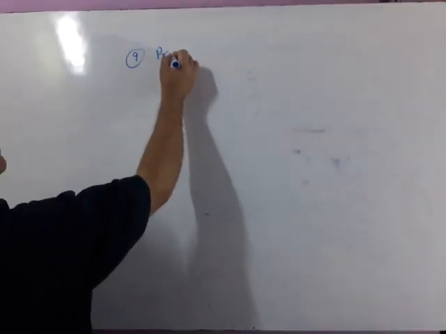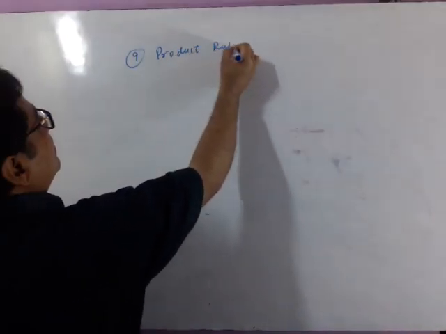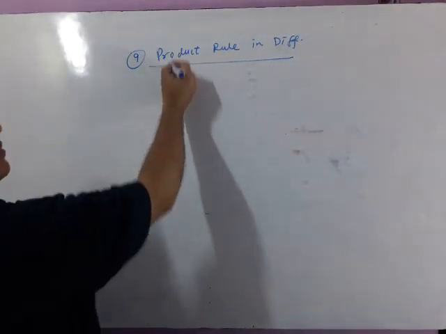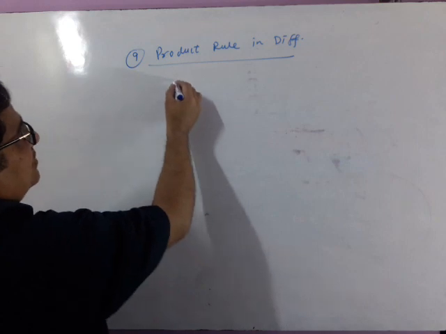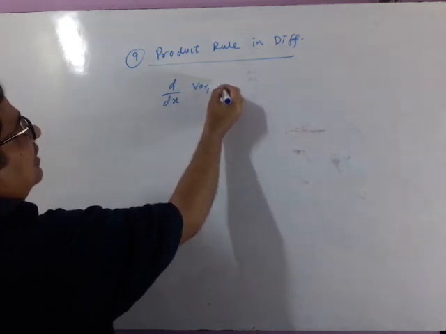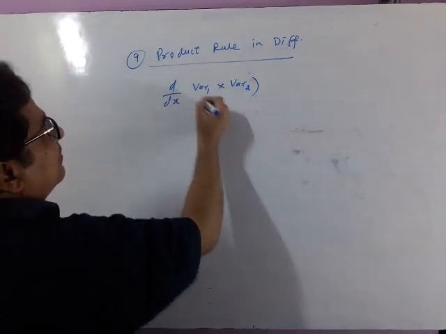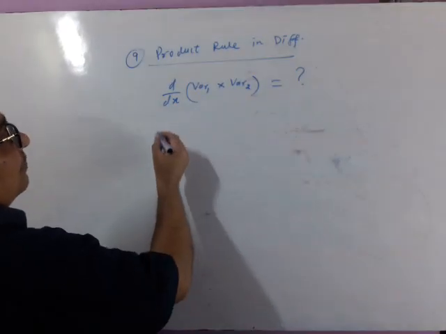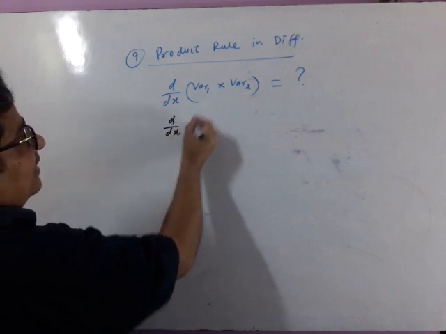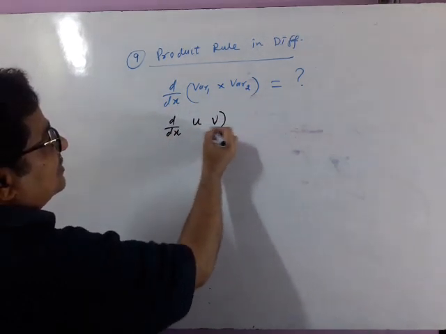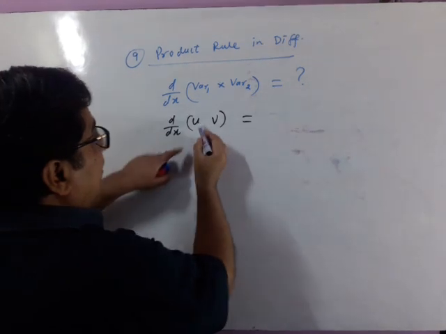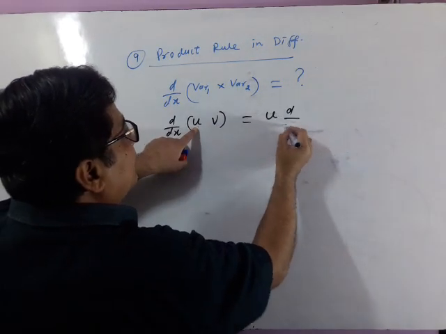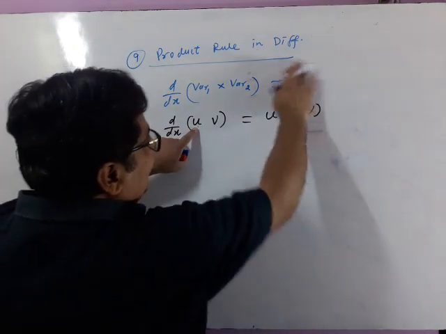Ninth, product rule in differentiation. Product rule in differentiation means if two variables are multiplied, variable 1, variable 2, then what will you do? Let us say variable 1 is u and variable 2 is v. So what to do? Take the first variable outside and differentiate the second variable. I am writing here, see.